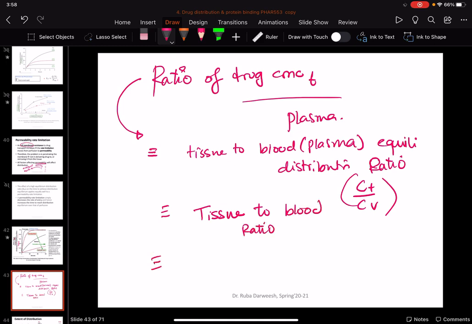It could also be called the affinity. Sometimes it's called K partitioning. All of those terms are related to this ratio.